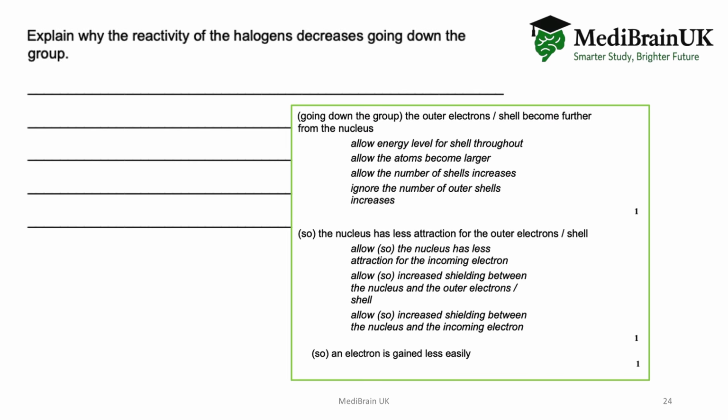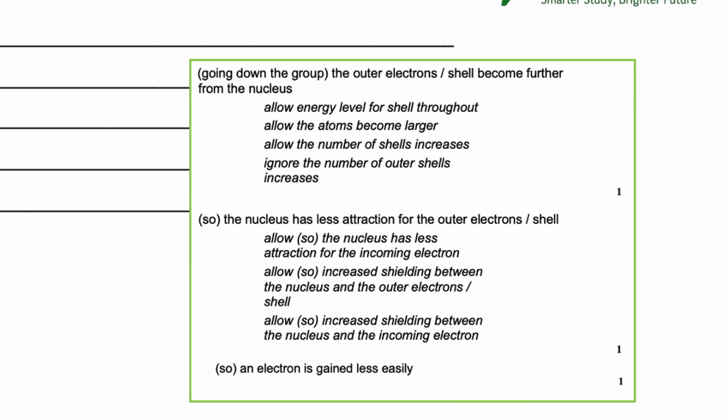So if you have a look at the 3 individual marks, again, it's worth putting this into a mark scheme answer and putting into your flashcards and just learning the format of how to answer for these 3 marks. So going down the group, the outer electron shell becomes further from the nucleus. That's what we said. The second mark is coming from, so the nucleus has a weaker attraction from the outer shell electrons.